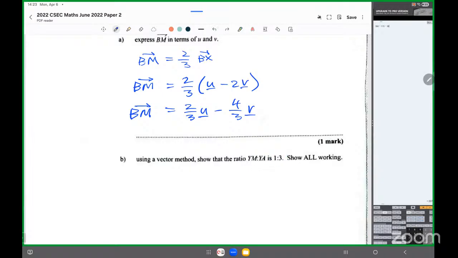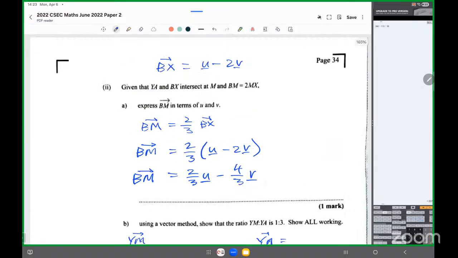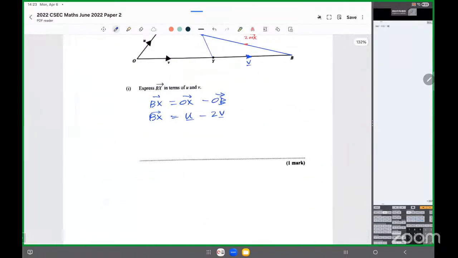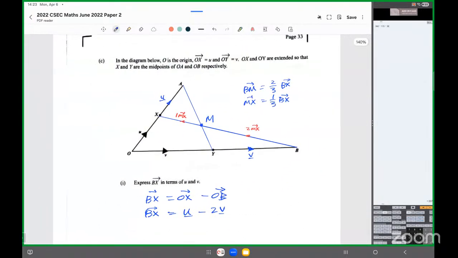Then they say now use a vector method to show that YM to YA is 1 to 3. So we need to find those vectors, YM and YA. Let's see if we have any of them yet. I can get them from the diagram. YA is kind of easy.